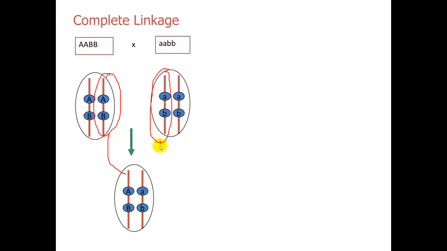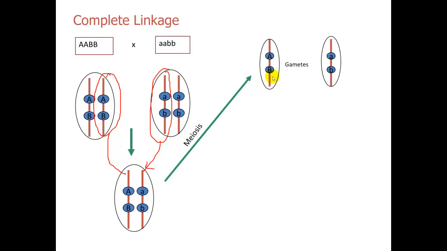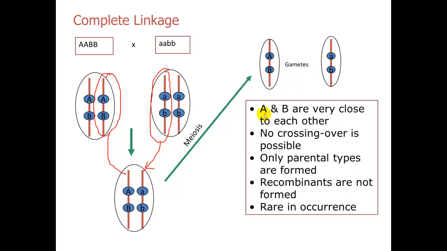So under the meiosis, what will happen? The gametes are going to be formed like this only because there is no crossing over. Okay. So what we see, that since A and B are very close to each other, there is no possibility of crossing over in between them, right? So only parental forms are formed, recombinants are not formed, and usually these are very, very rare in occurrence, right? So this is about the complete linkage.